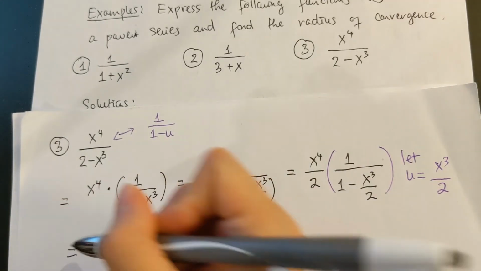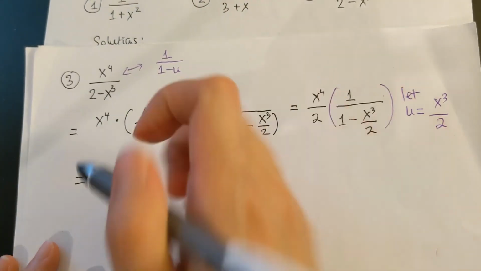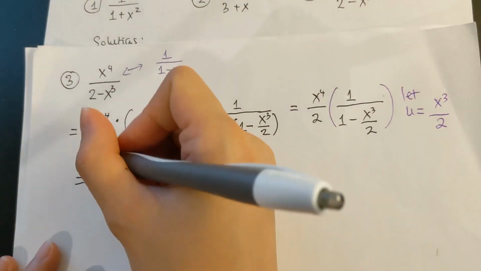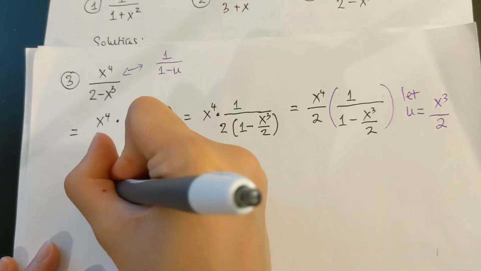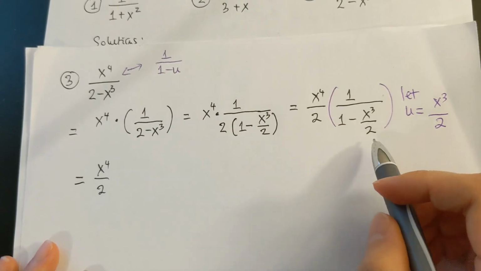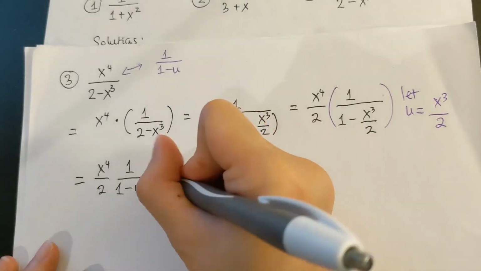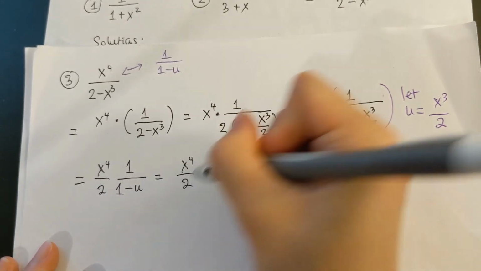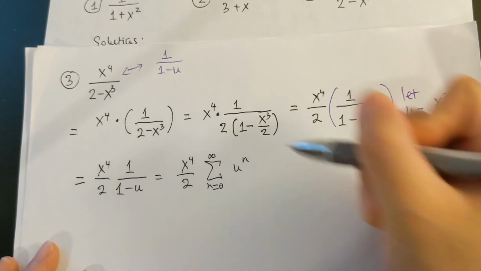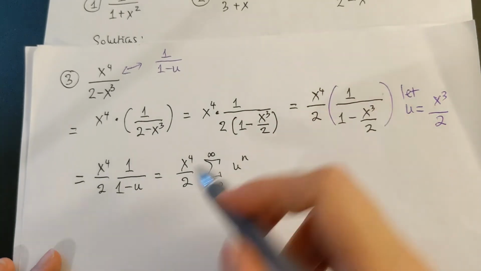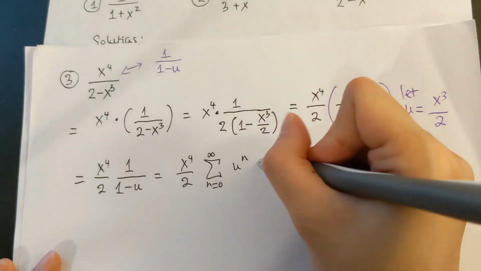Then we can use what we know of the power series, 1 over 1 minus u. So it's equal to the power series u to the n. Well, now I'm going to plug the expression of u in terms of x back in.